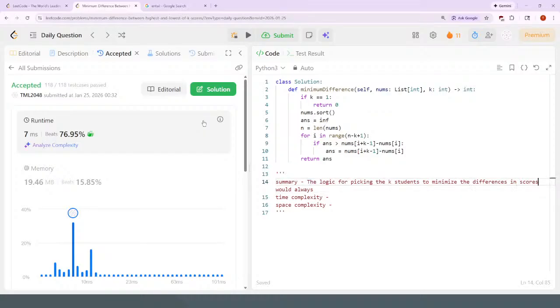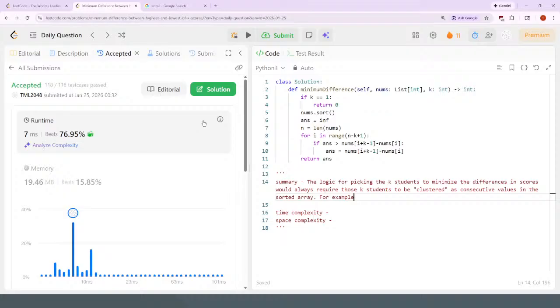Logic would always require those k students to be clustered as consecutive values in the sorted array.